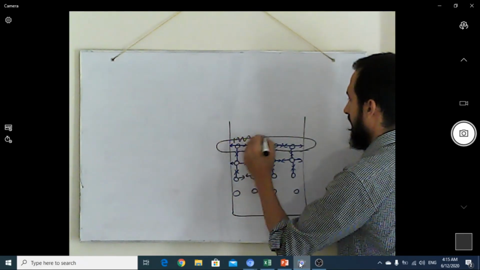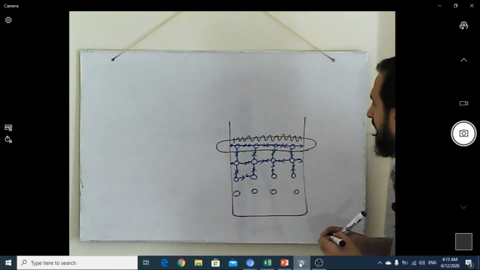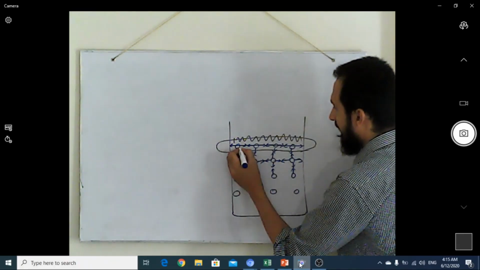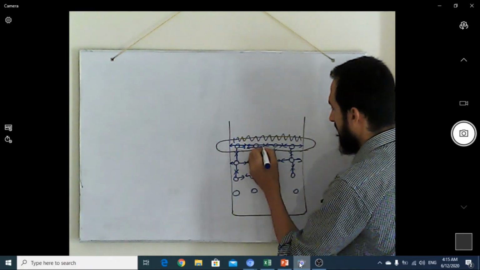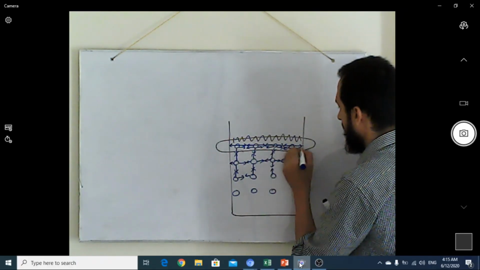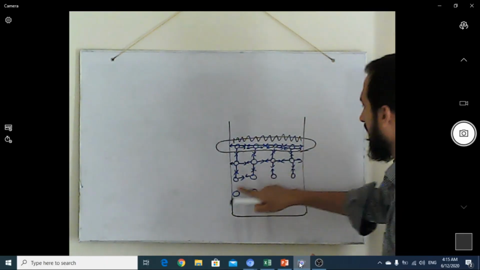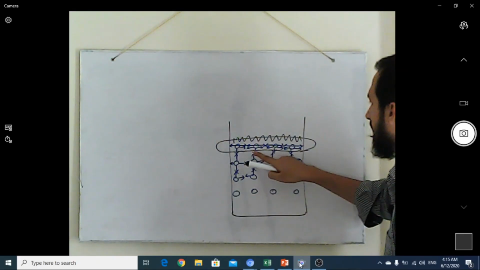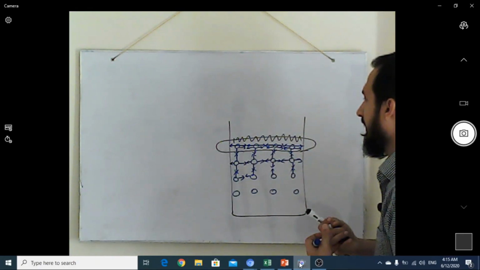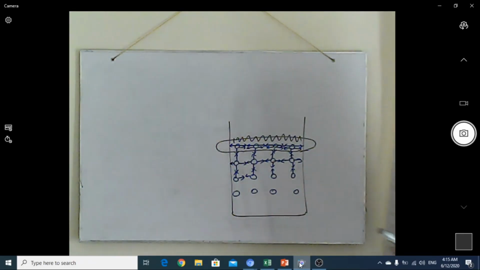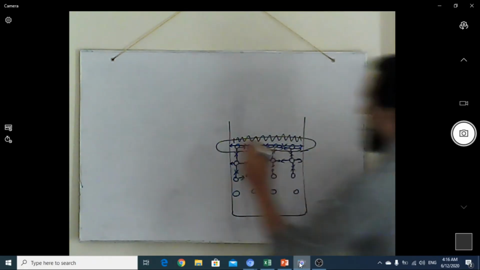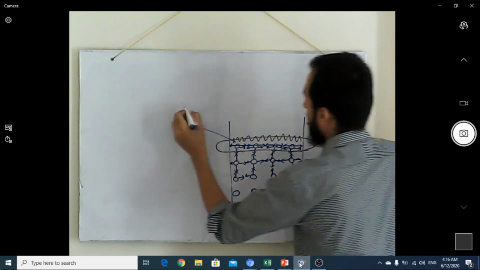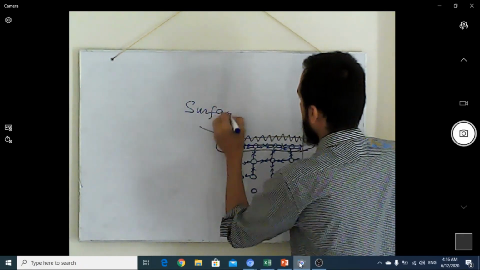On account of that, the molecules present at the very surface bind together with more attractive force than the molecules present in this layer or in the lower layers. So these molecules offer greater attractive forces, and because of that, a tension occurs which we call surface tension, because this tension only exists in the surface molecules. So we call it surface tension.